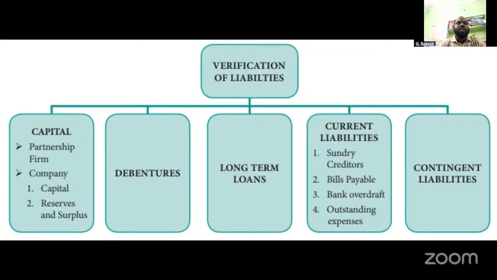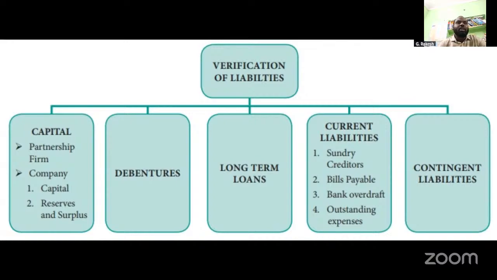Verification of liabilities is as important as verification of assets. The same way assets are important for the business organization, liabilities are also important. If liabilities are not properly verified and valued, the balance sheet will not reveal a true and fair view of the state of affairs of a business concern.